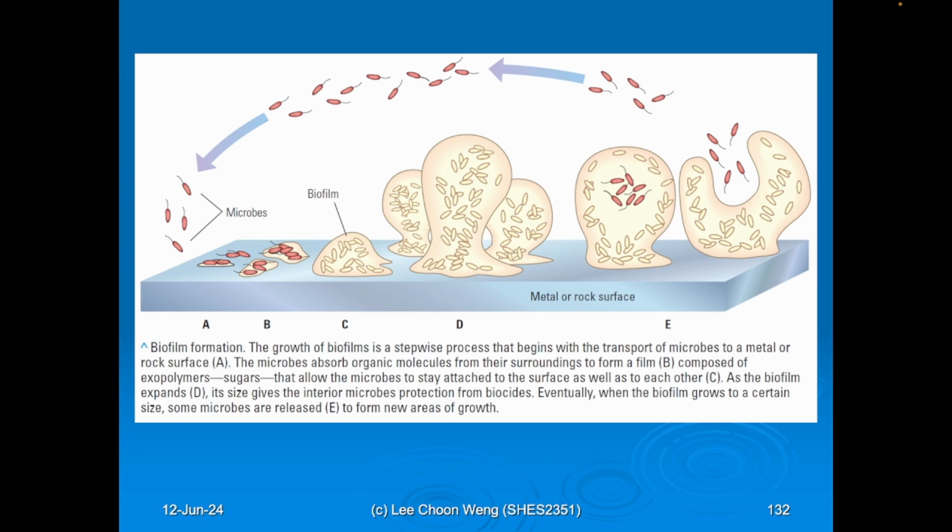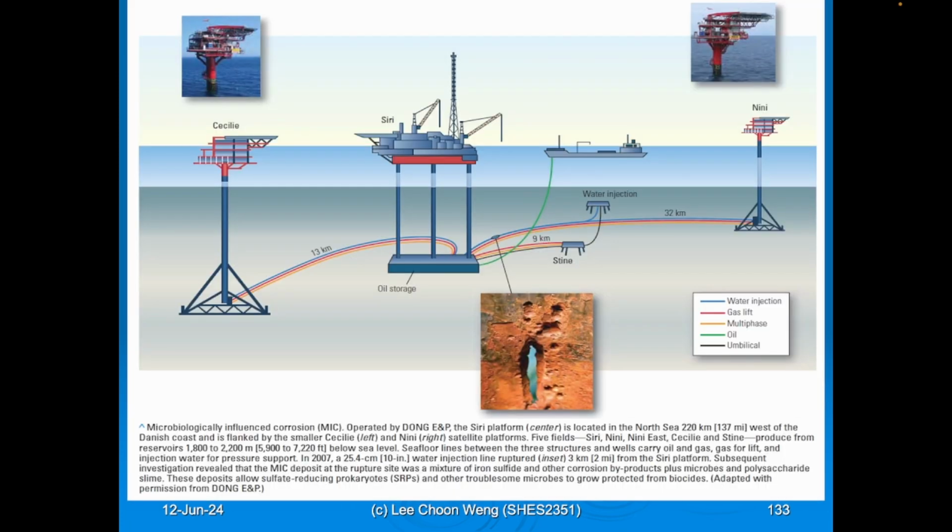However, once the biofilm is thick enough, either the biofilm is sloughed off or the bacteria revert back to their motile mode and move on to form a new biofilm.